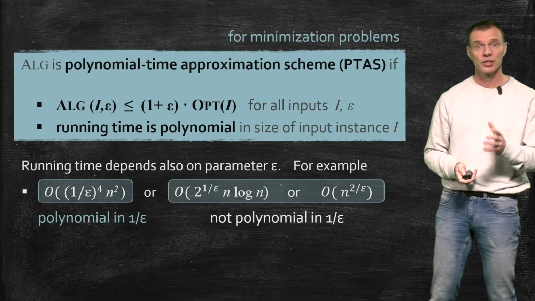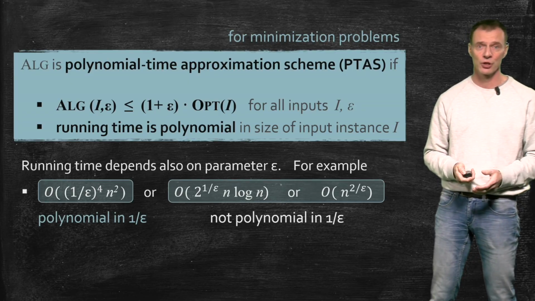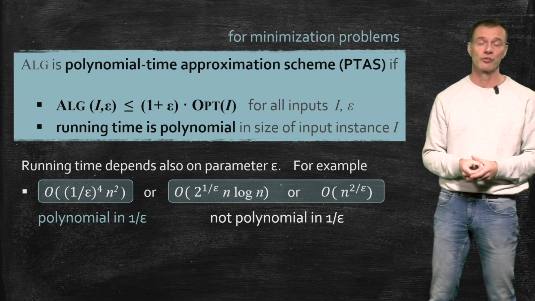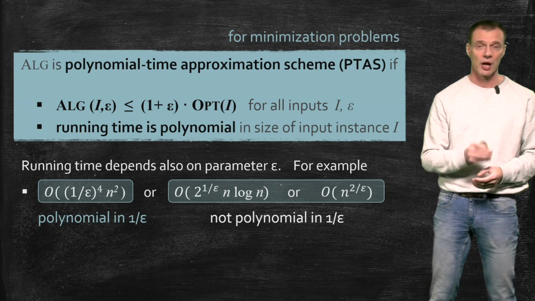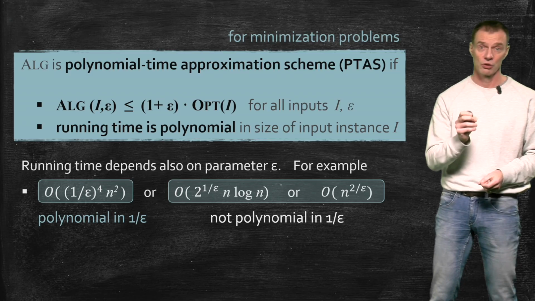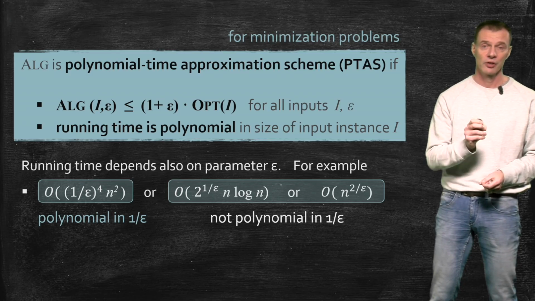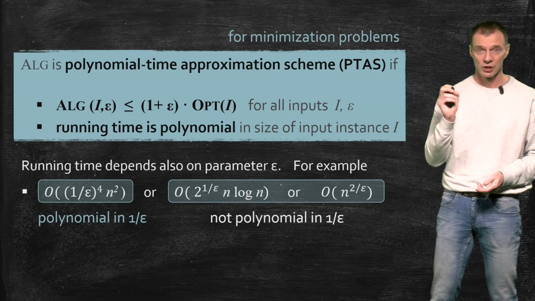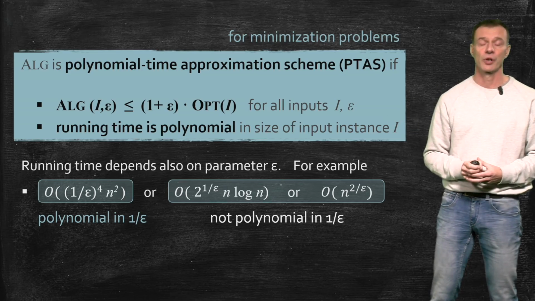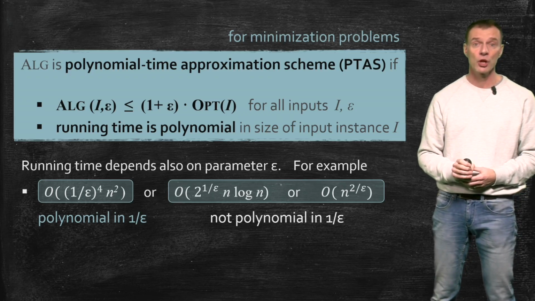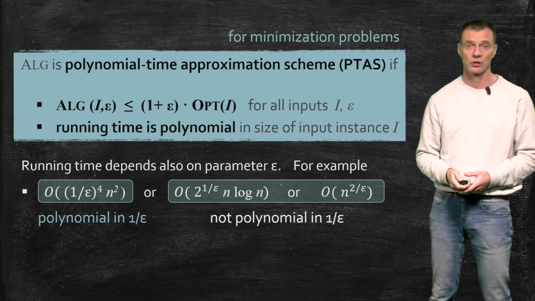So what you also see, if you look at the dependency on epsilon, these 3 examples, they're sort of 2 different categories. The first example, the running time is not only polynomial in n, but also the dependency on 1 over epsilon, that dependency is also polynomial. Okay. The second and third example of running time you see, there the dependency on 1 over epsilon is not polynomial, it's exponential.